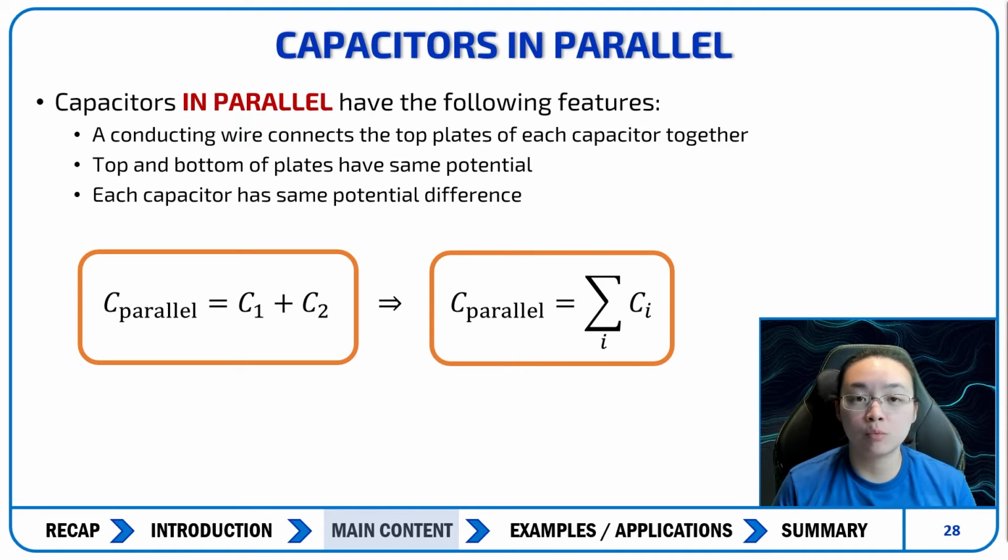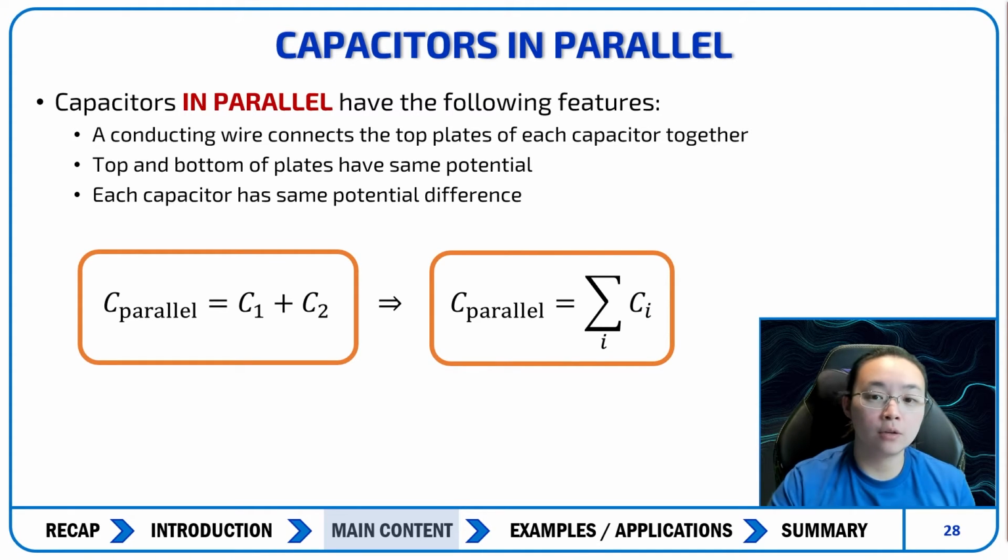Each capacitor will also have the same potential difference because the top and the bottom are still connected to the different ends of the terminal of the battery. So when you're talking about parallel capacitors, you get parallel capacitance, which is C1 plus C2, equal to a summation of all of the capacitances that are connected in parallel.